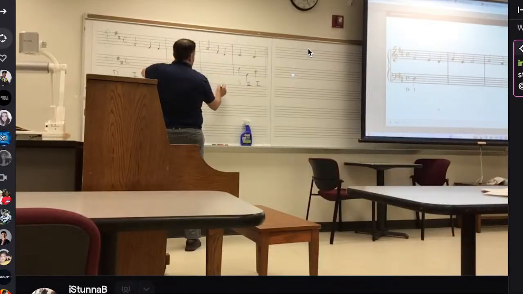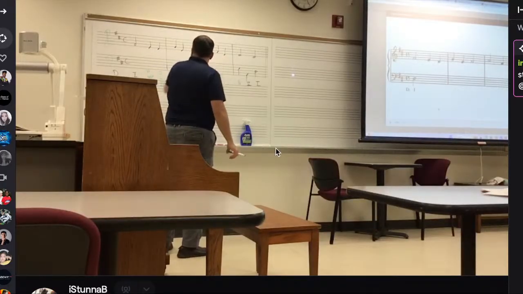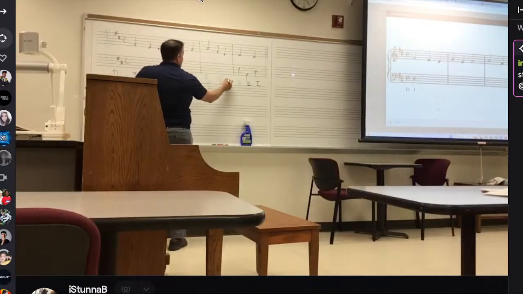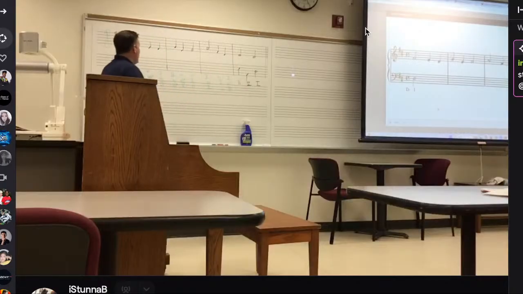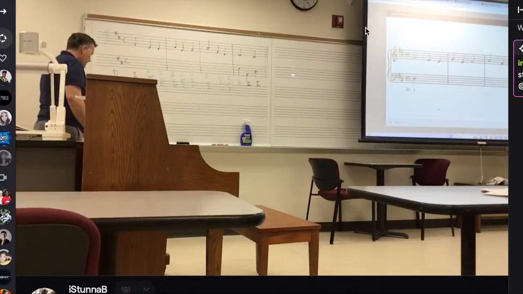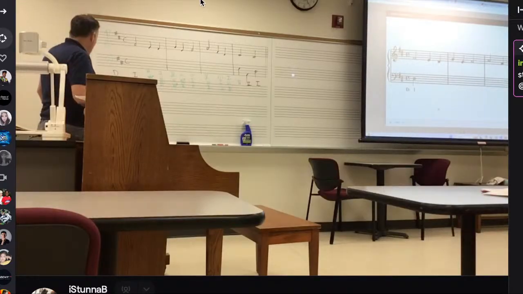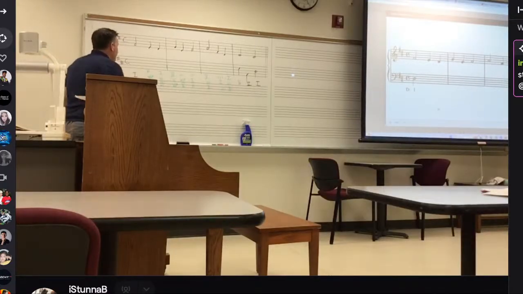Sometimes you can always look back a little bit, if you repeated a note, which happens. D, we already did. 1, 6, 4. And then the last measure's already done for us. All right.